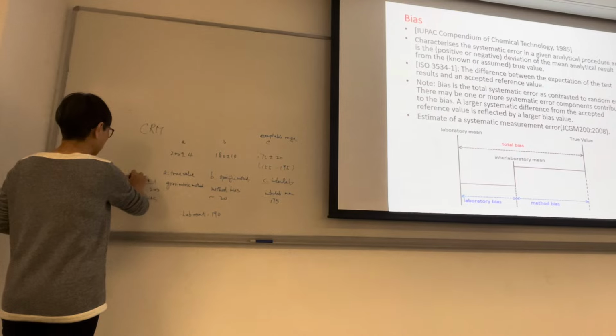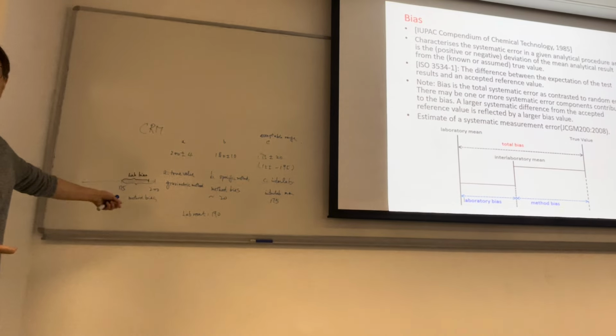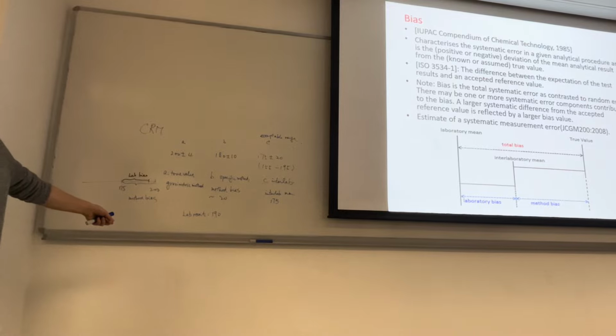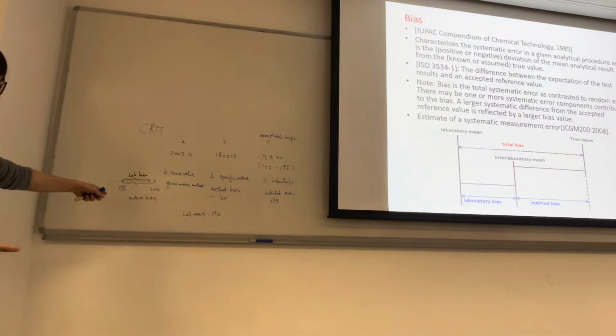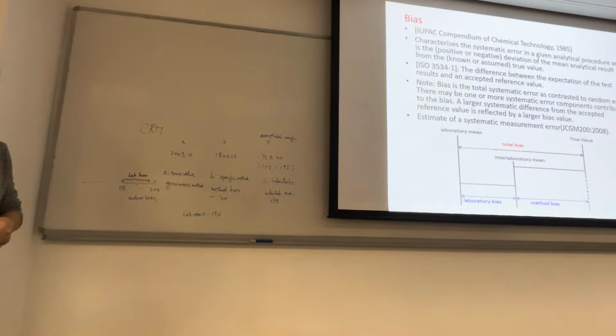That is your laboratory bias. So this time the total bias is equal to the method bias, okay? It's 25. And your laboratory bias is 20. It's 20 only.